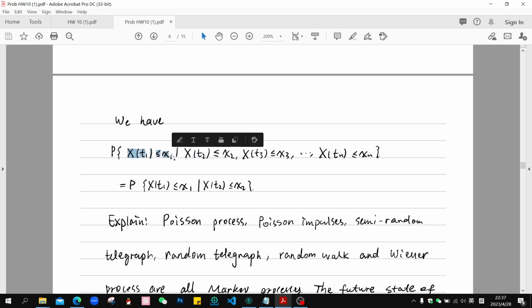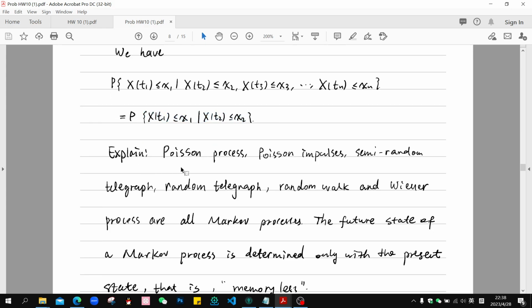The probability that x(t1) is smaller than x1 under the conditions of t2 to tn equals this conditional probability.